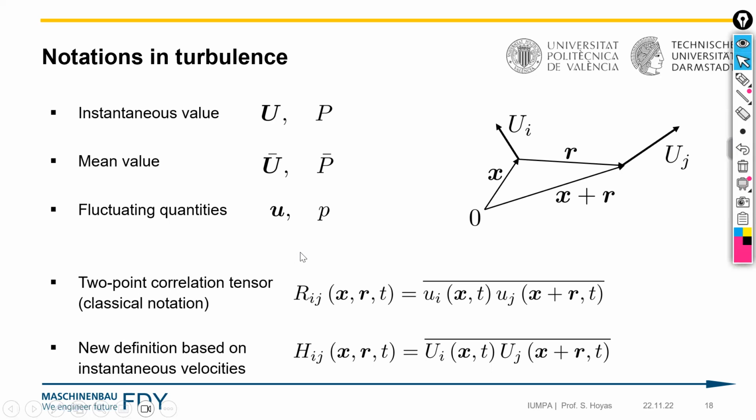And one of the tools we have been using for studying turbulence is two-point correlations. People have focused on the fluctuations, removing the mean. However, we have found that using a new definition based on the instantaneous velocity and forgetting about Reynolds decomposition, we can obtain some new equations. And from those equations, we are obtaining new, very important laws.